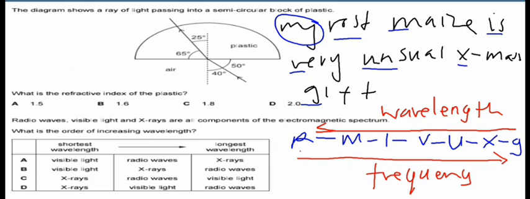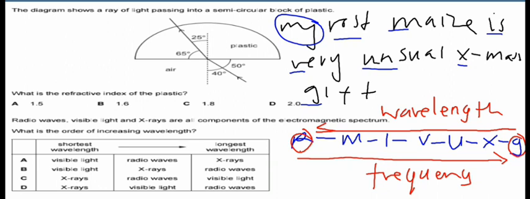To conclude, we can say radio waves have higher wavelength and lower frequency, and gamma rays have higher frequency and lower wavelength.